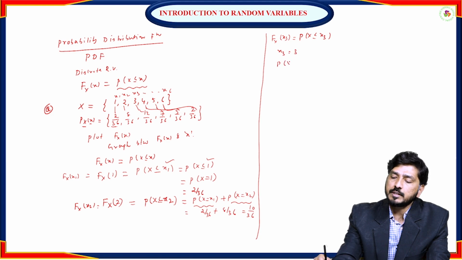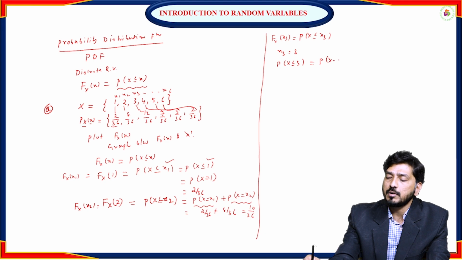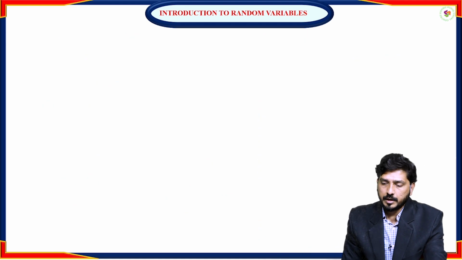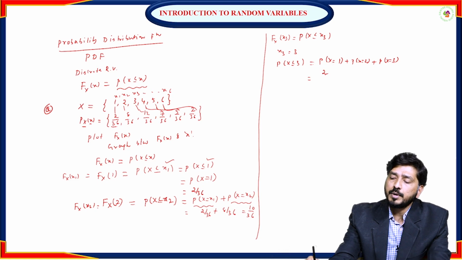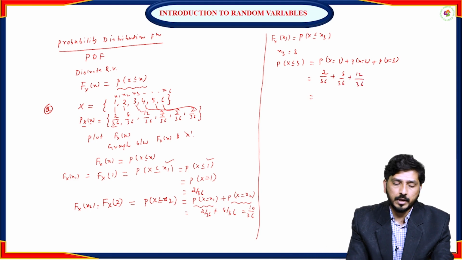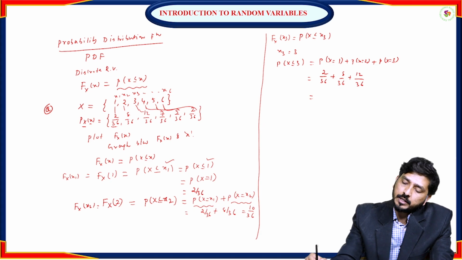This can be written as probability X equal to 1 plus probability X equal to 2 plus probability X equal to 3. Adding the individual probabilities 2 by 36, 8 by 36 and 12 by 36, you get 22 by 36.